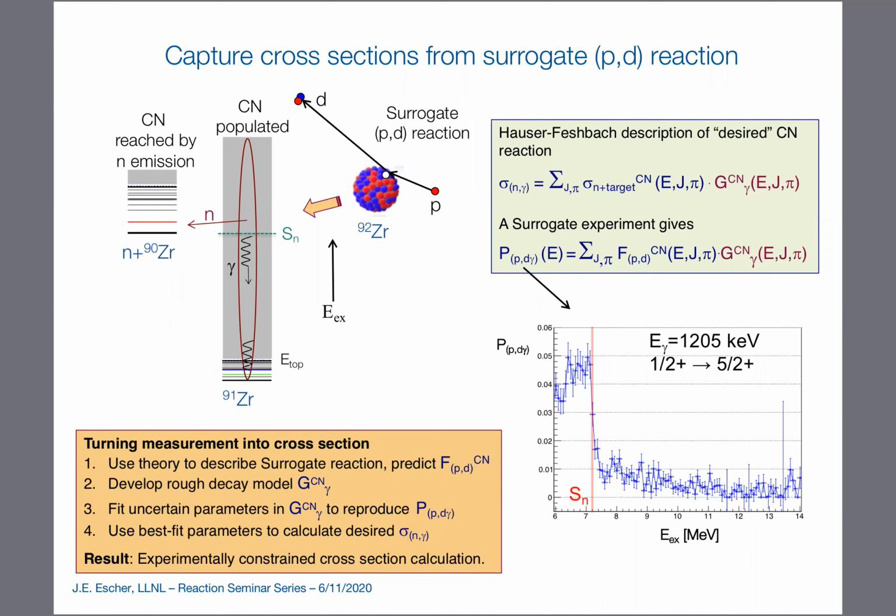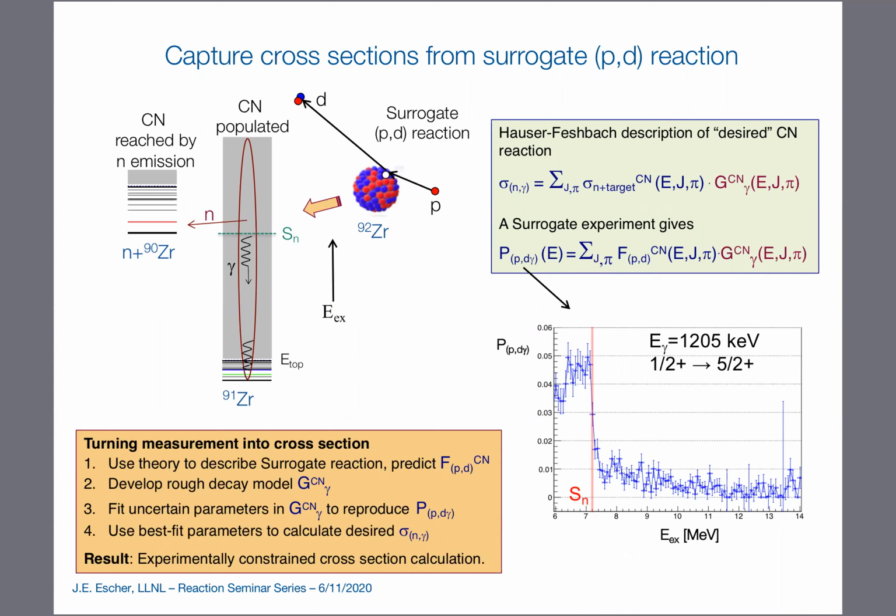The experimentalists measure the outgoing deuteron that tells us exactly where we are energetically in the target nucleus. And in coincidence with this deuteron, they detect something that's characteristic of the channel that we're interested in. In this case, it's a gamma ray between some of the low-lying states in the zirconium-91 because they're fingerprints.